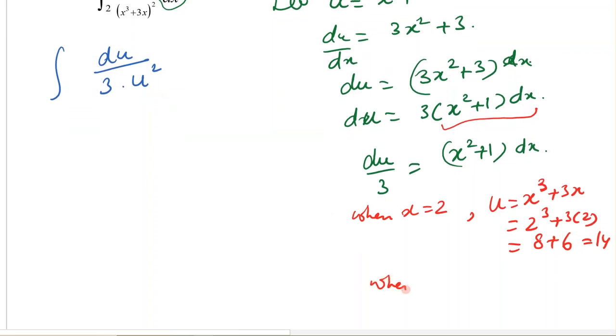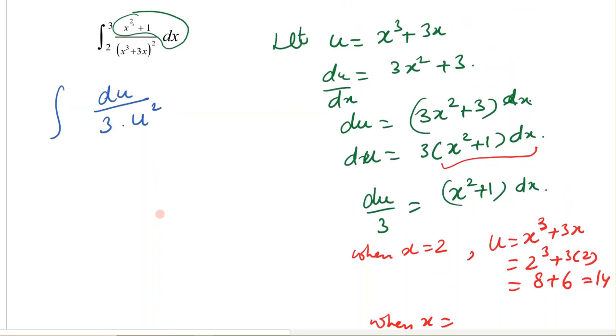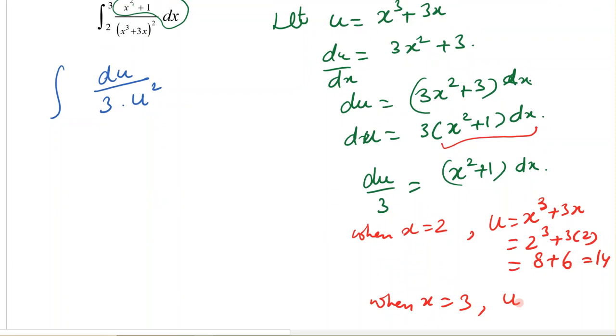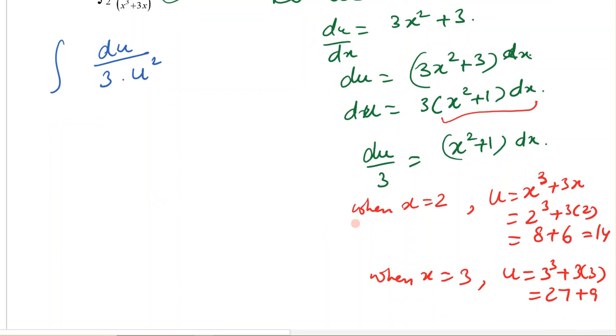Similarly, when x is equal to 3, u would be 3 cube plus 3 times 3. So 27 plus 9, so we have 36. So new limits of integration are from 14 to 36.